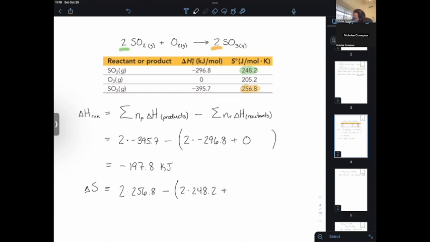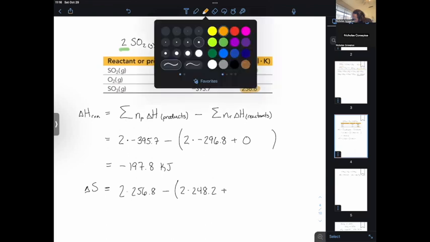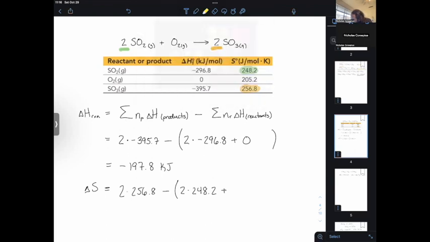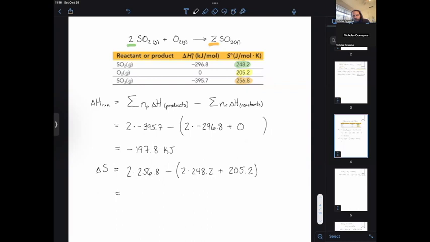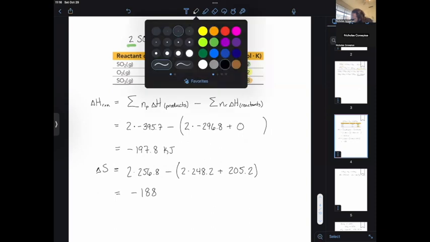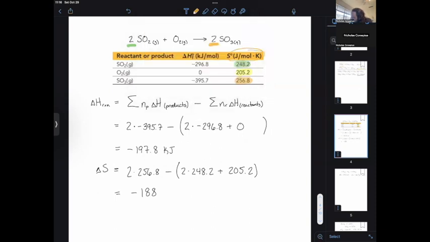And then summing it up for what it is for my other reactant, my oxygen, which is the 205.2. All right, and so we get that this is equal to negative 188. We look at our units: joules per mole Kelvin. So the mole again drops out when we multiply it by our stoichiometric ratio. And so this is joules per Kelvin.